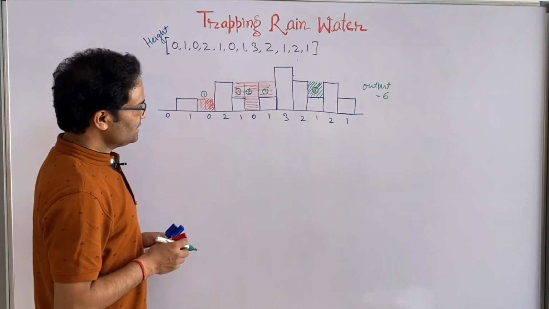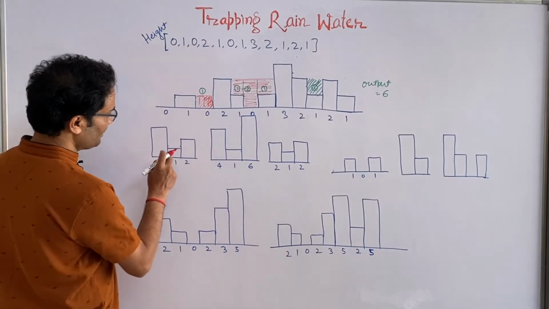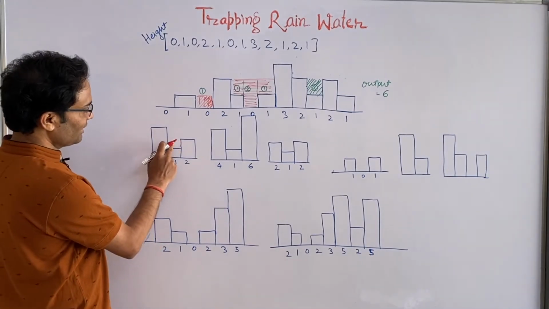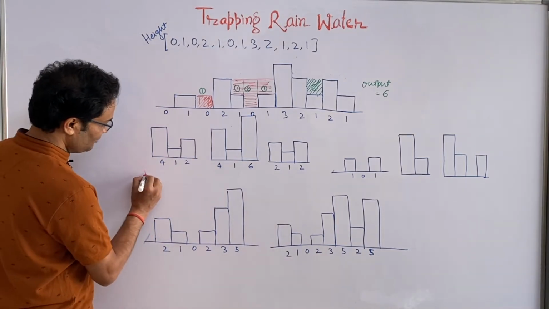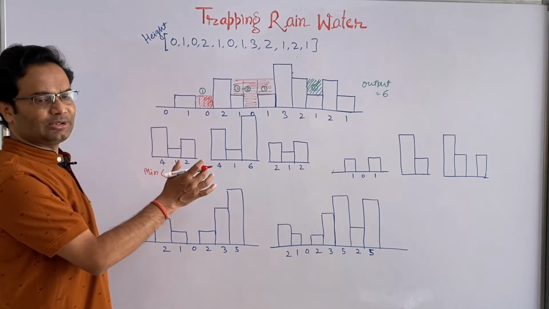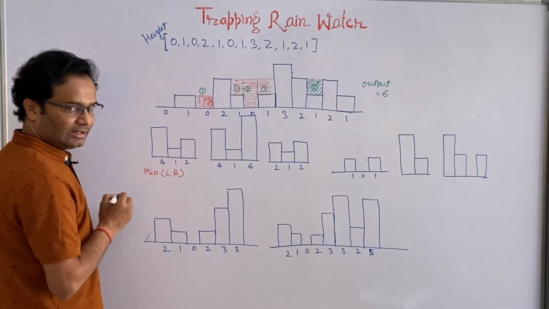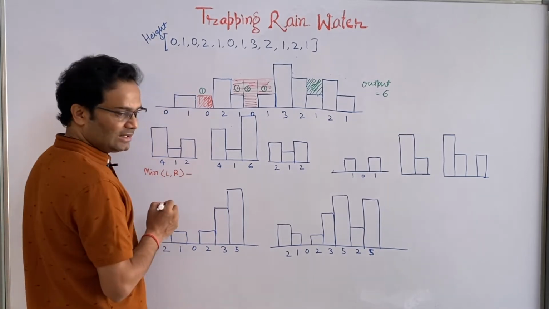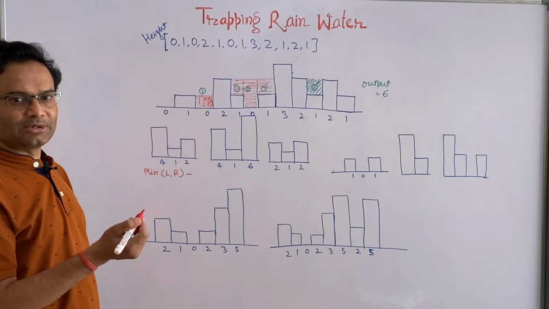So let me see some other example. In this example, suppose you have to find out how much water would be trapped here, right? So how can you know? What I will do is check the minimum height of the adjacent left and right, so the minimum of the left and right, and then minus the height of the current building I am considering.